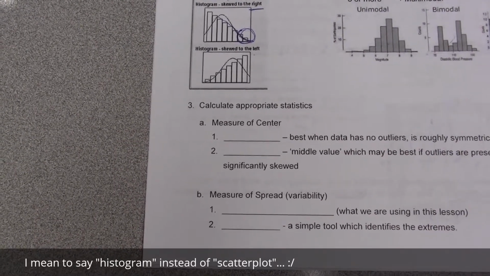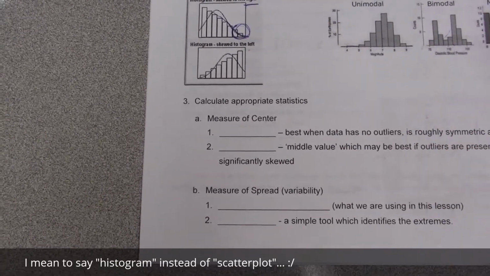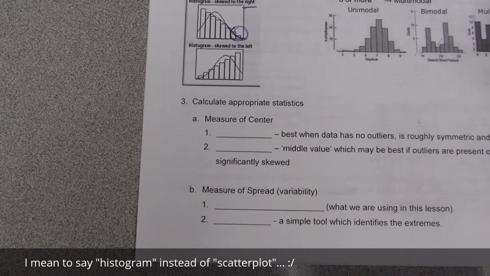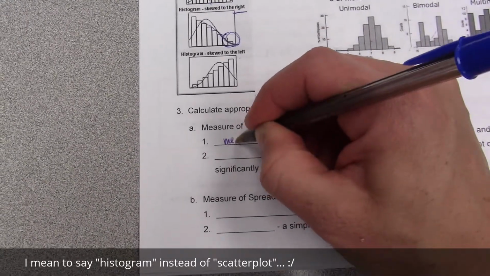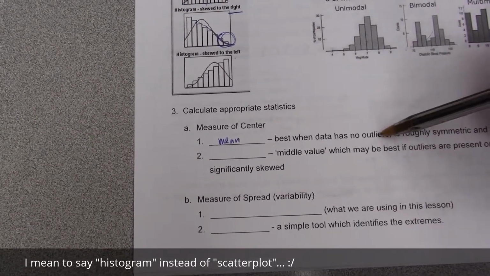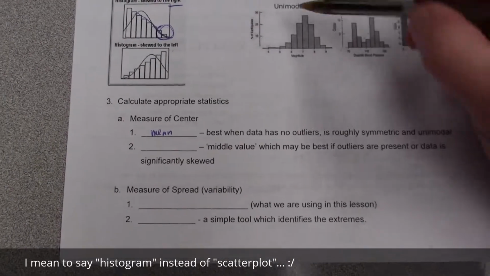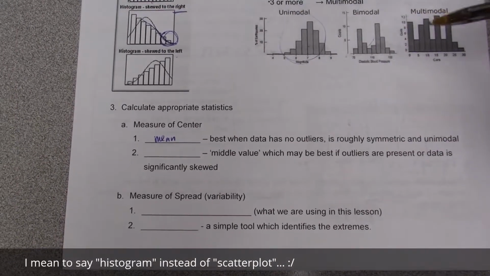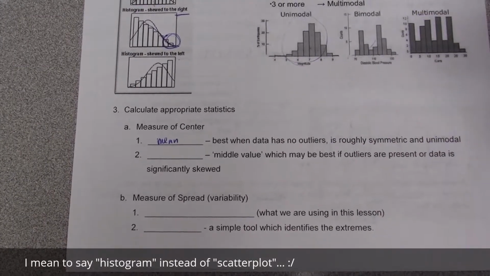You can average it, or you could line them all up and pick the middle term, and those are both measures of center, and they have different values at different times. So the mean, or the arithmetic average, is usually best when we have no outliers and it's roughly symmetric and unimodal.